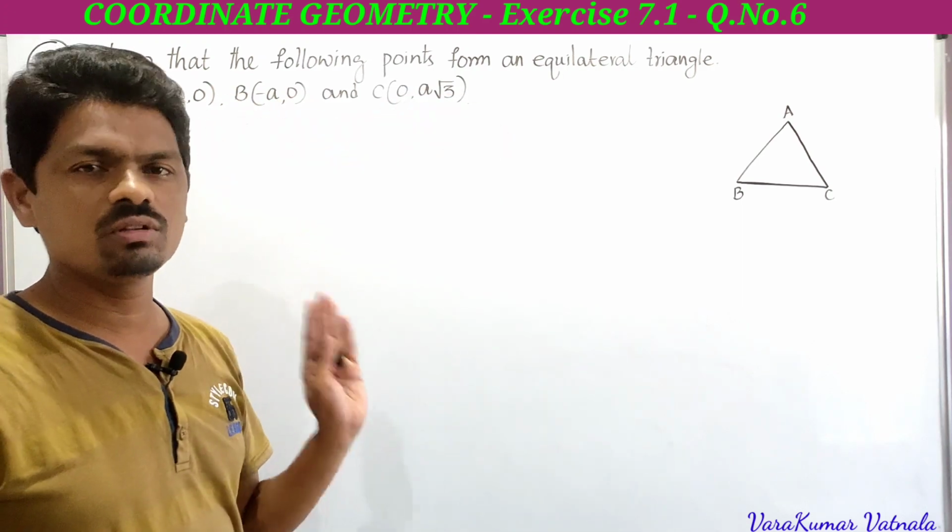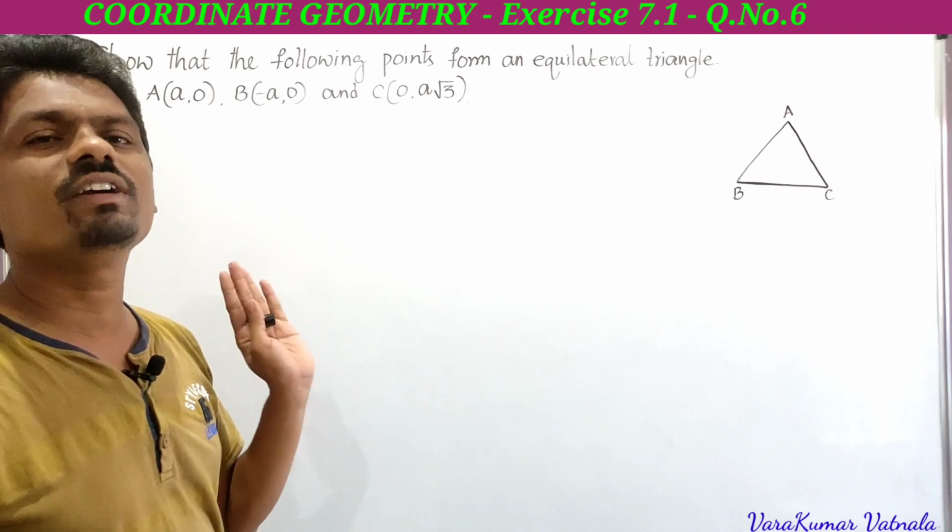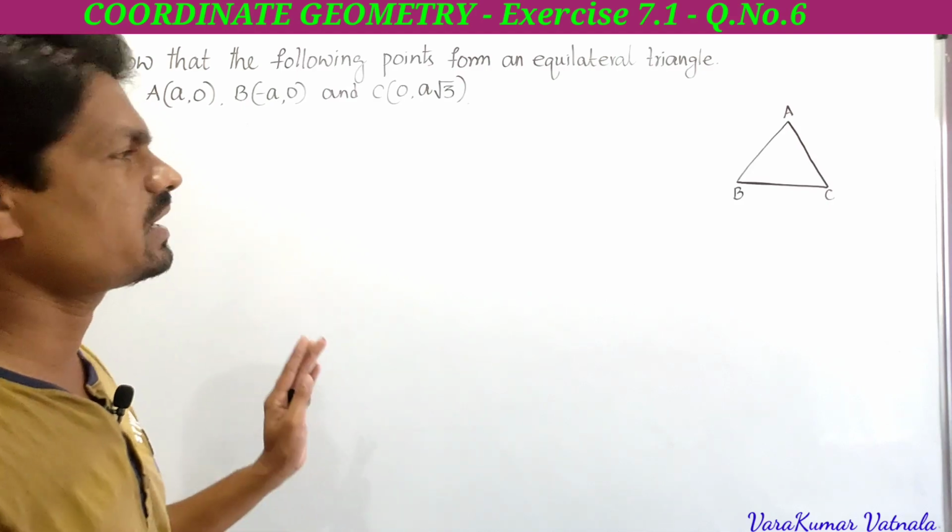If we get all the 3 equal, we can say the given 3 points form an equilateral triangle.